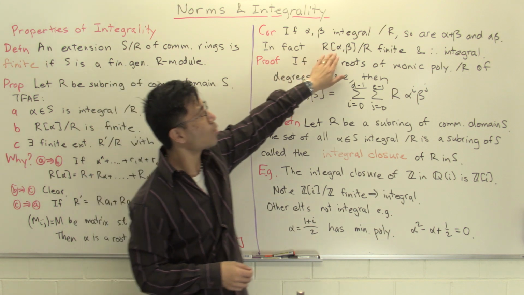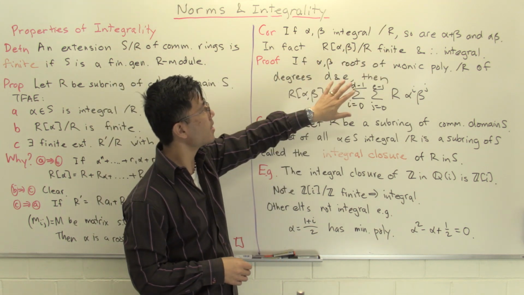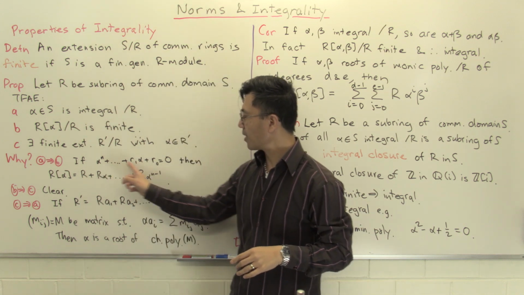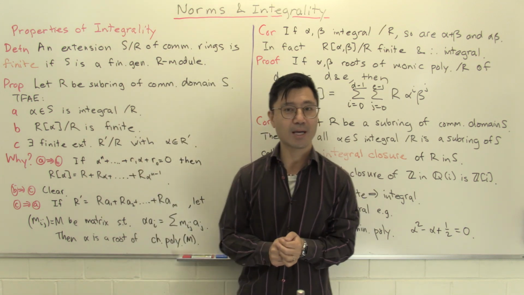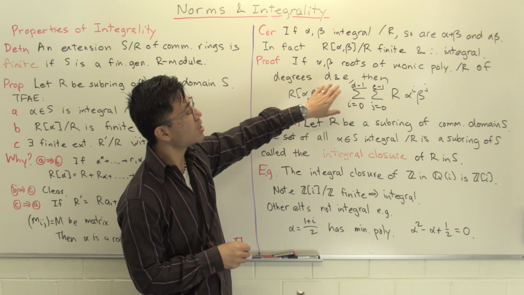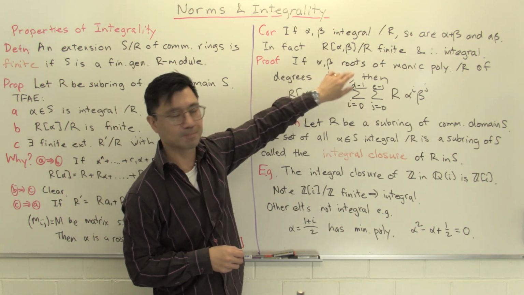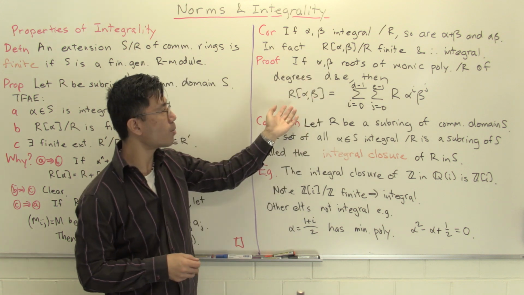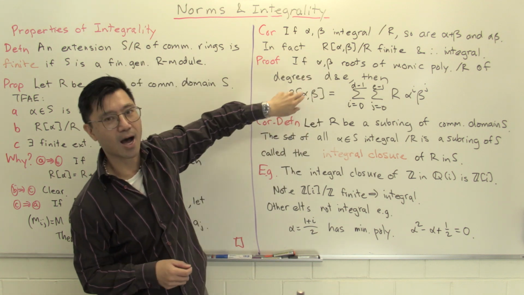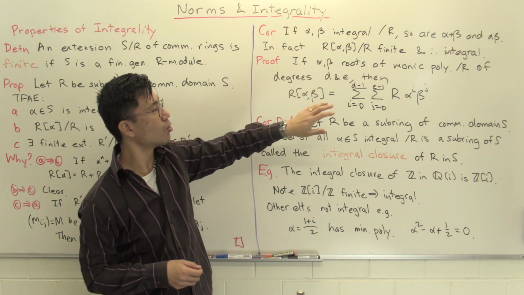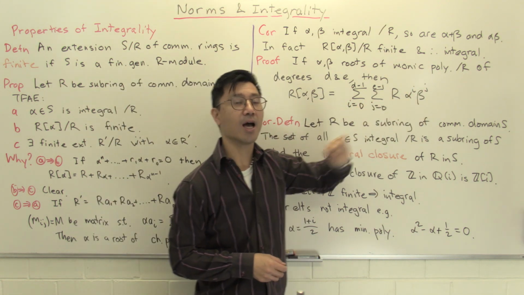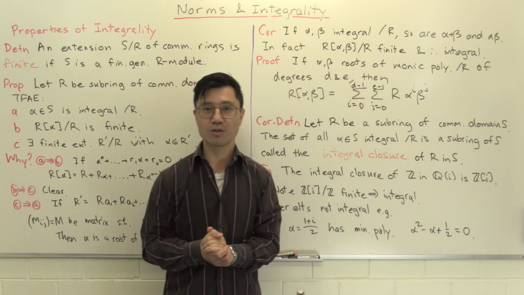And it's quite easy to see why this is finite. Alpha and beta are roots of monic polynomials, so we can write something like this for alpha and a similar one for beta, and let's suppose the degrees of those monic polynomials are d and e. So what is this ring here? It's basically all polynomials with coefficients in R in alpha and beta. You look at monomials like alpha to the i, beta to the j, and you look at all possible R-linear combinations of these.